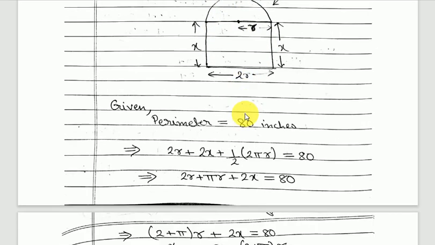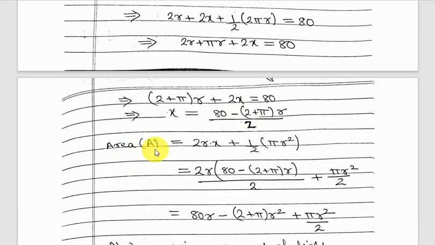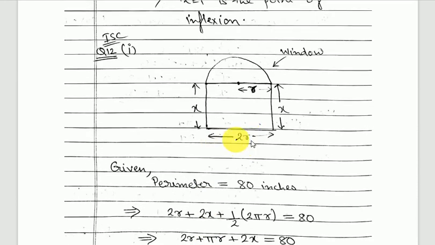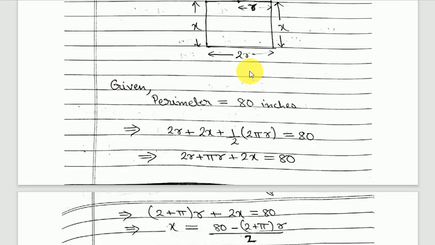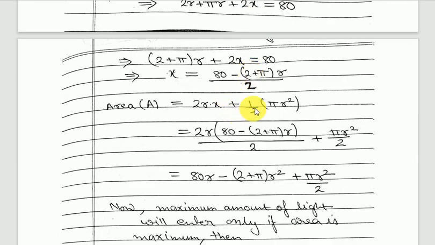We denote the area by capital A. So the area will be 2r into x. This 2rx is the area of the rectangle, because 2r is this length and this is x. Now we have to add the area of this semicircle, which will be half pi r square. So you simplify this.